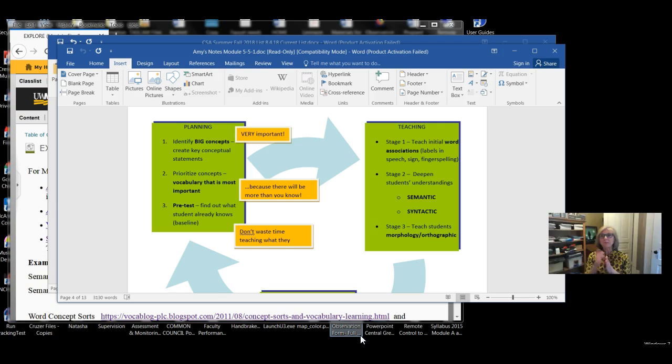If you're using a story, which is pretty typical for reading instruction, the first step is for you to identify those big concepts that you want students to understand. So not individual words, but the big ideas that really, if they understand the ideas, then they understand the story. They have comprehension, right?